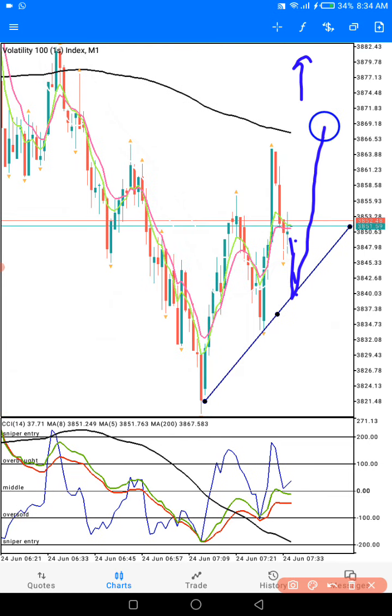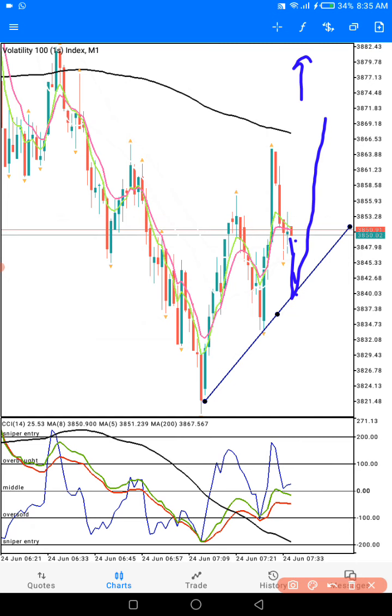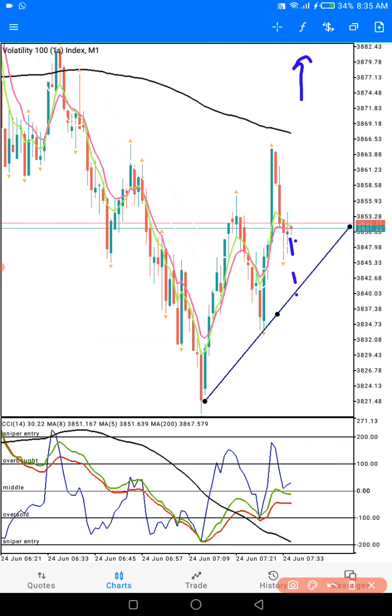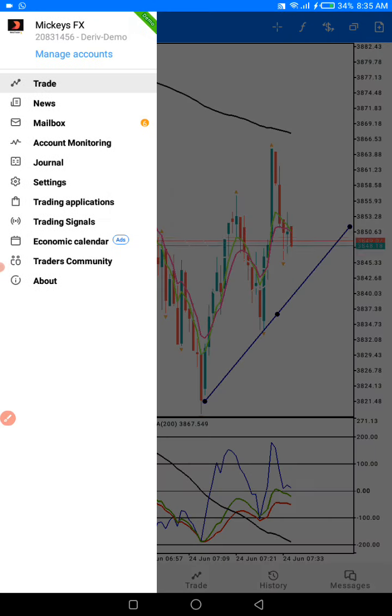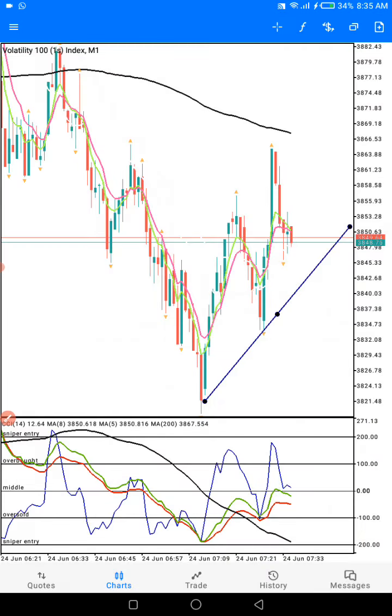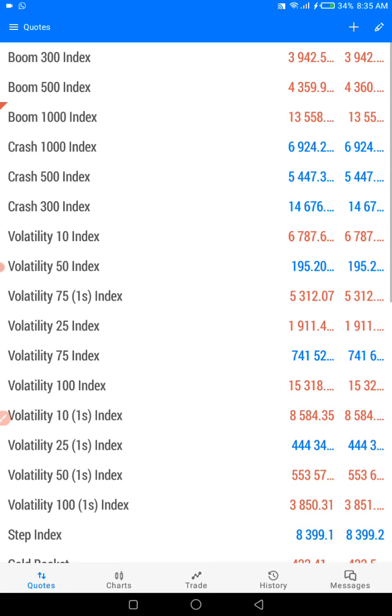Now I want to bring something to your notice. There's a new indices I want us to look at in the forex market, which is the gold basket. This is it, the gold basket.